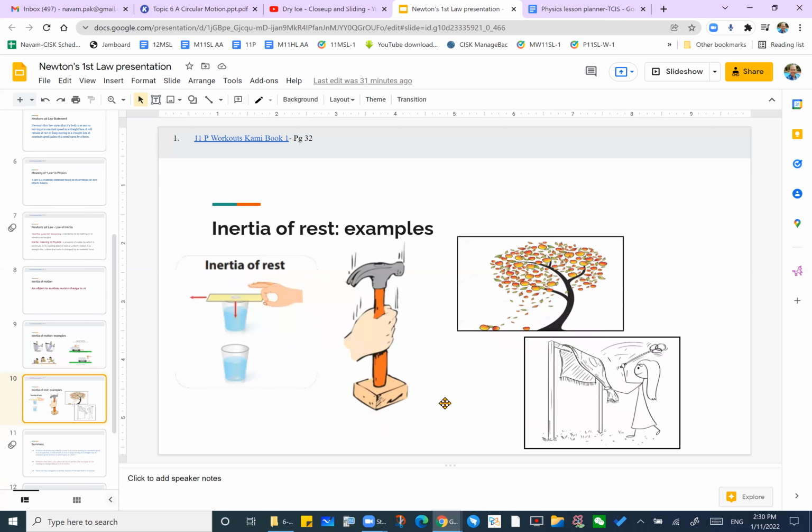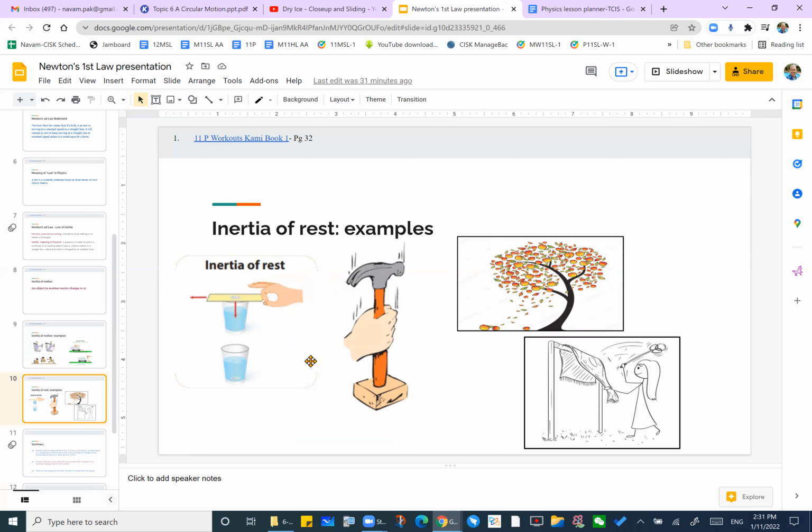So let's look next at inertia of rest. Inertia of rest is the tendency of an object to remain at rest and not change its state. This is a simple experiment you can do at home. Take a stiff piece of card, place it on a tumbler with water inside if you like. Place a coin on top of the card. Now flick the card with your finger.